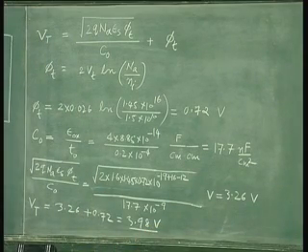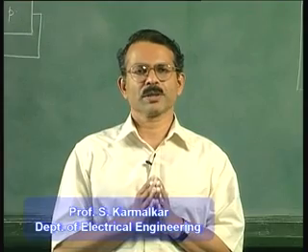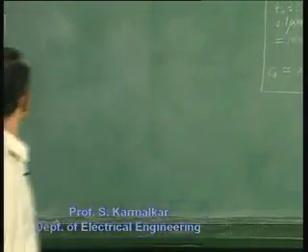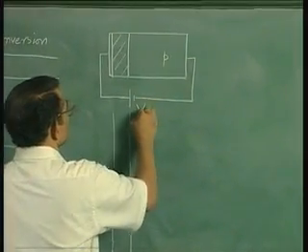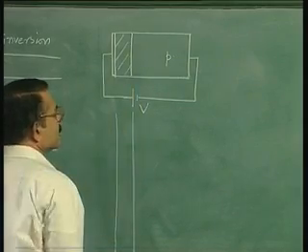So you find that about 4 volts is the threshold voltage, that is the voltage you must apply to the MOS capacitor in order to achieve threshold voltage conditions in the semiconductor.